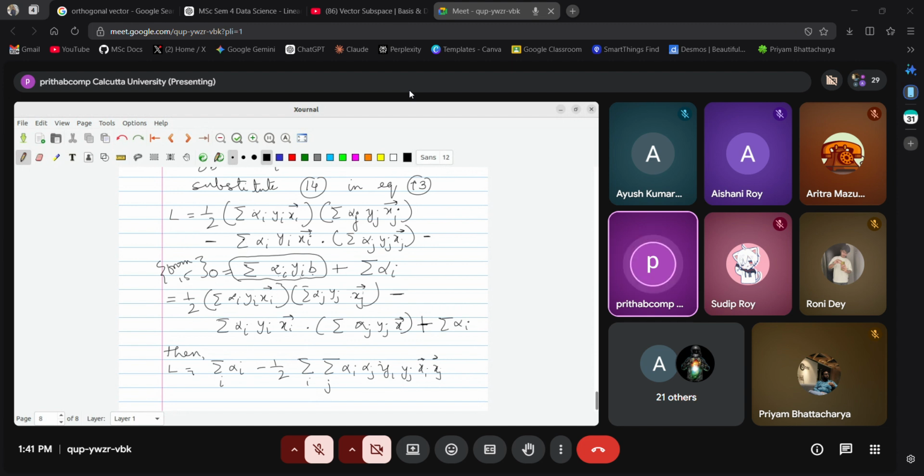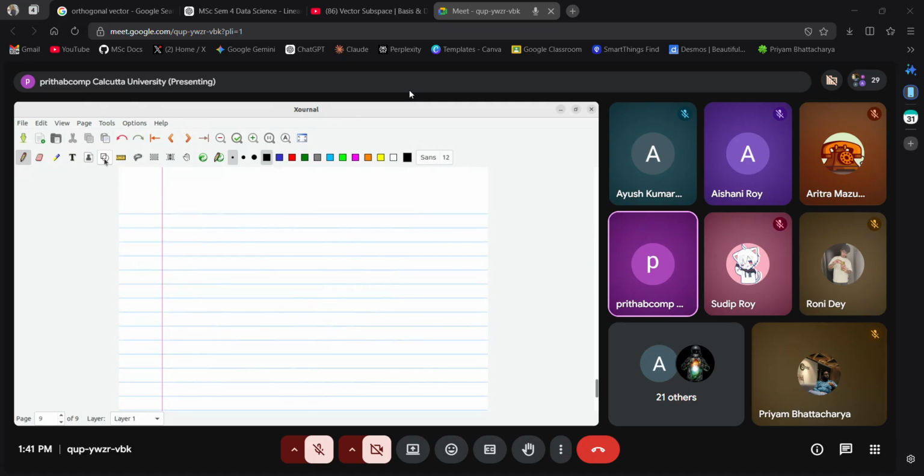What we found from here is that, optimizing L, we see that L depends on the dot product of sample data.